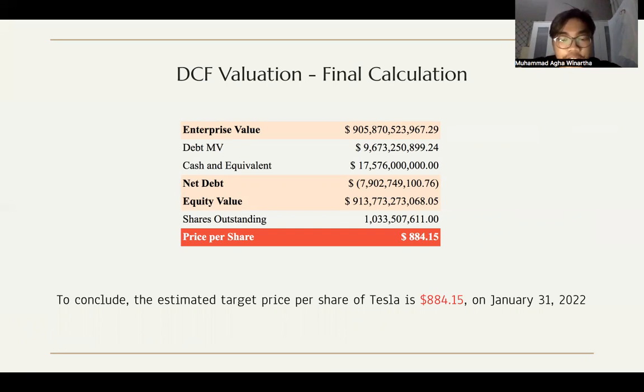Then the enterprise value is reduced by the net debt of Tesla, resulting in equity value. And this equity value is divided by the number of shares outstanding. And the estimated share value is $884.15 US on January 31st, 2022.